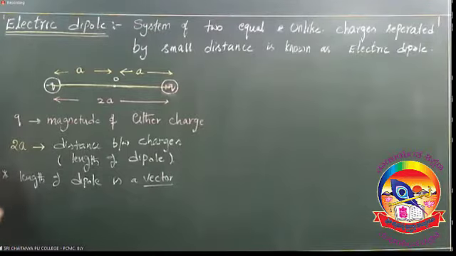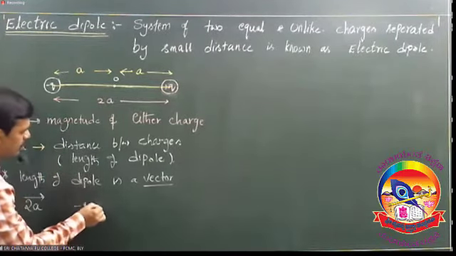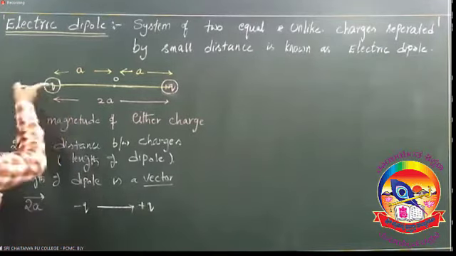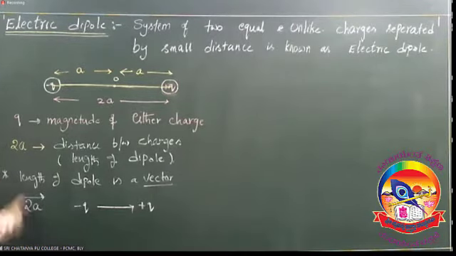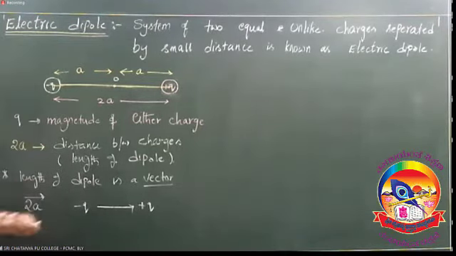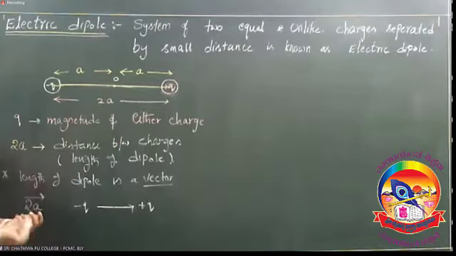If you represent it like a vector, like this, its direction is from minus charge to plus charge. Length of the dipole is a vector whose direction is from minus to plus, along this direction.